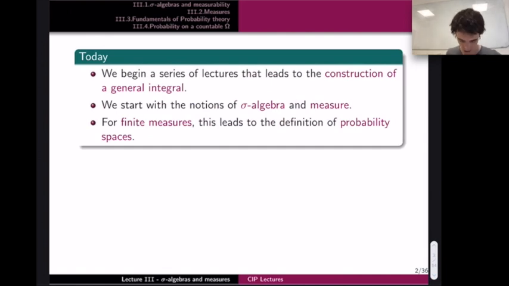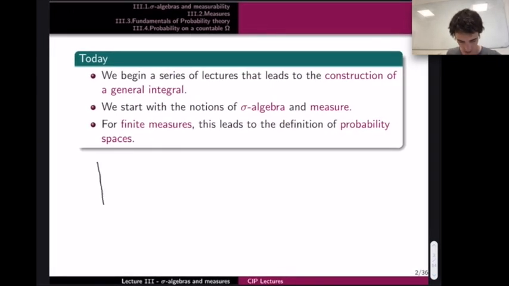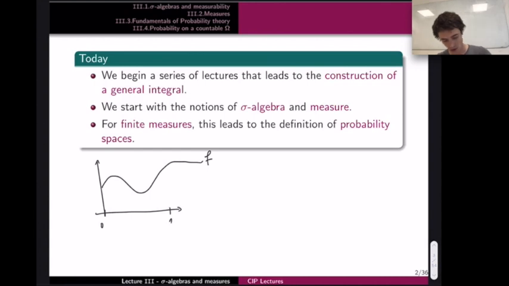So for instance, let's say that we have a function like that. That's the y-axis, that's the x-axis. And say we have a function f which is continuous, so that's my function f. To compute the integral of f over, say, this interval, say this is interval 0 to 1, we look at rectangles which are below the curve of f.